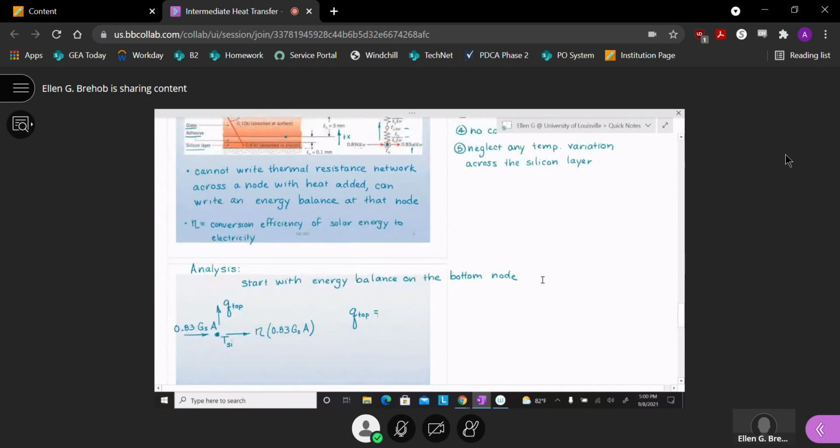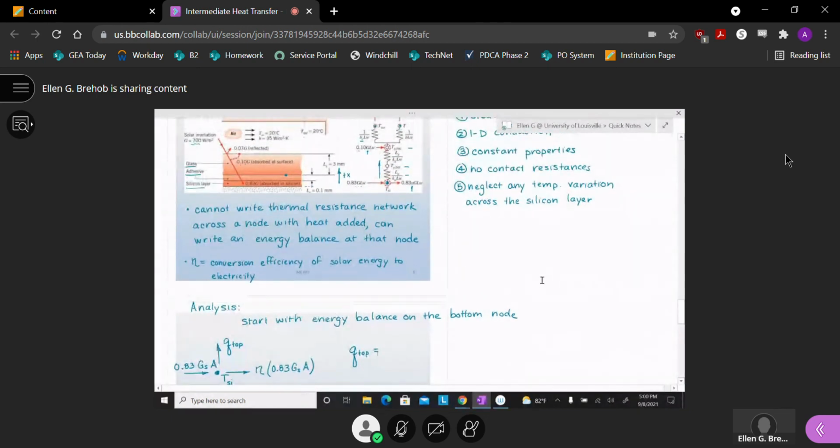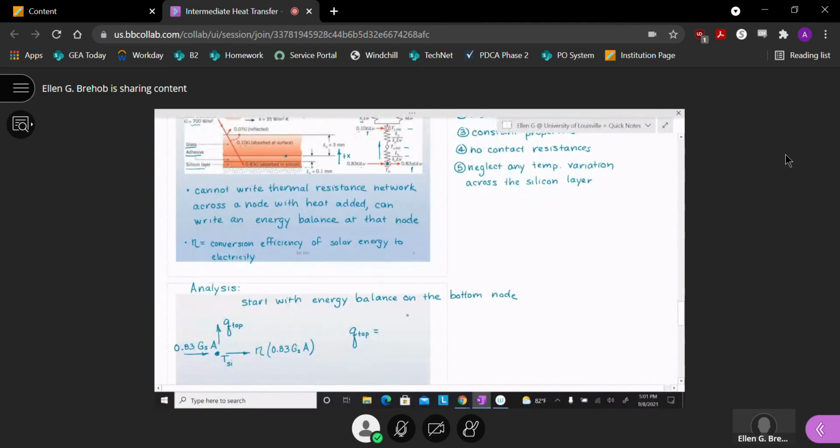I want to write Q top, so heat transfer leaving the top of this node. And there's different ways you could do this. So again, you might write it down one way and see why there's a better way to do it. So I'm going to suggest we're going to write it as a temperature difference between the silicon node and the top of the glass. Okay.